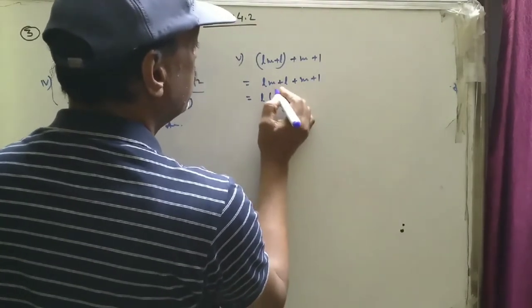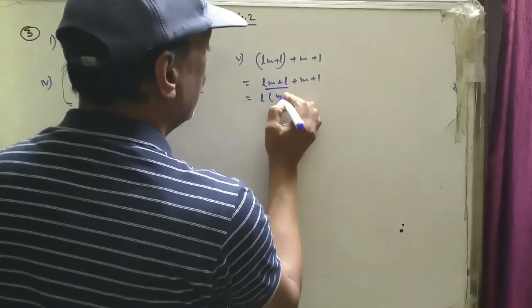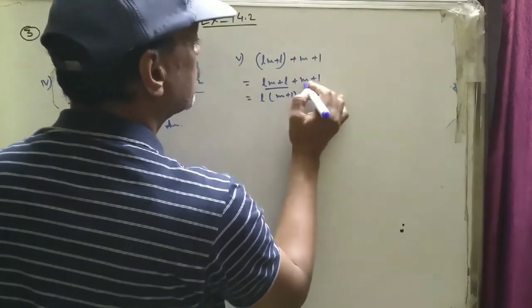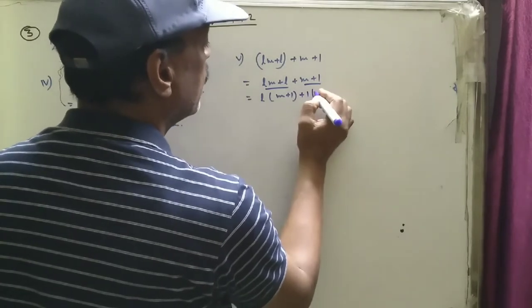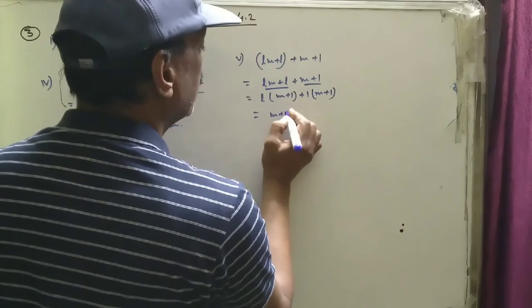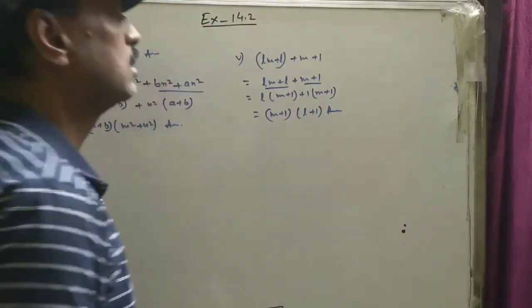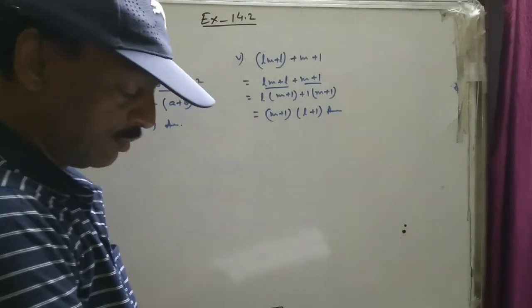Take the common. l is common here in these two terms, and so it will be m plus 1, and 1 is common because nothing is common here, so this will also be m plus 1. And now we can write this m plus 1 and l plus 1. So these questions are of the same type.